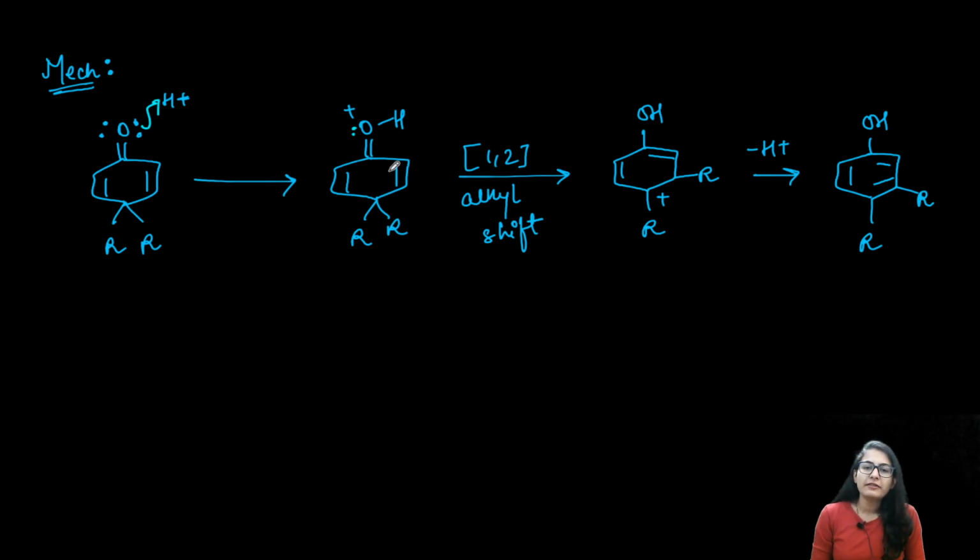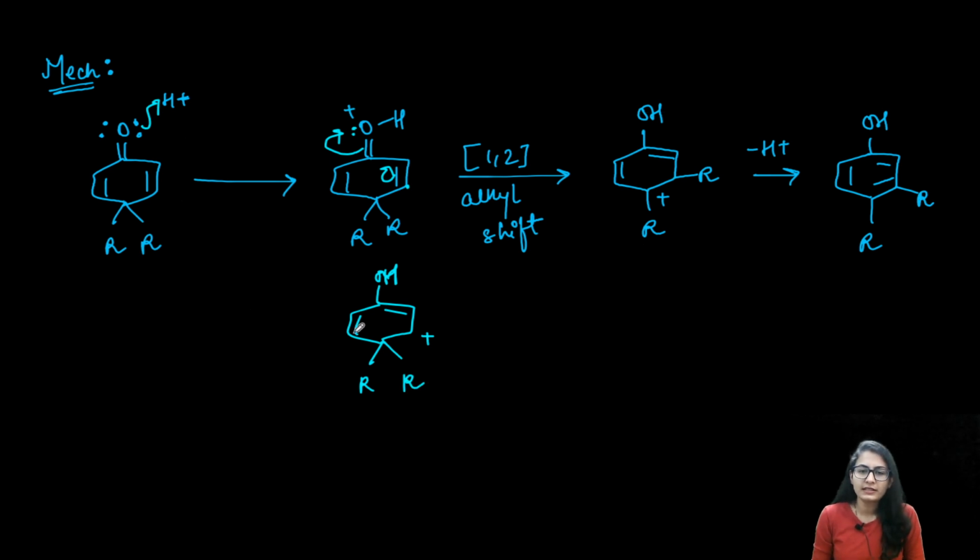Alright, so definitely there is a pi bond in the molecule which is going to stabilize the oxygen cation. If that happens, this carbon over here is going to get a positive charge, isn't it? It's going to be like this, OH, and there will be a positive charge on this carbon, right?